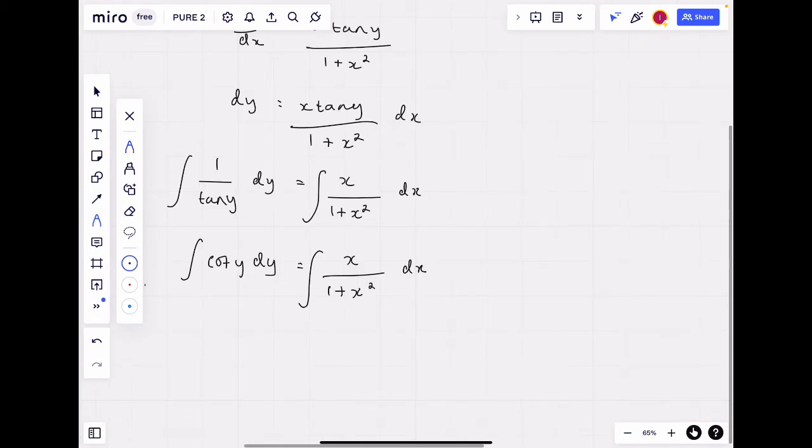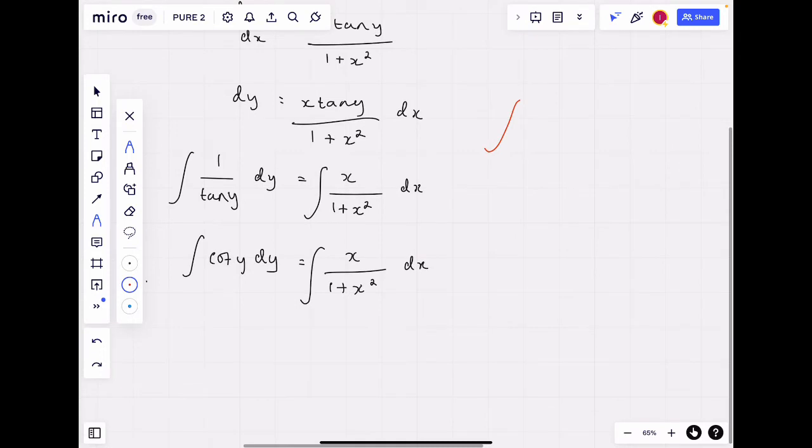One rule you're going to need to know is that the integration of cot x is ln sin x + c. So, making use of that, can you integrate both the left and right hand side here, please?